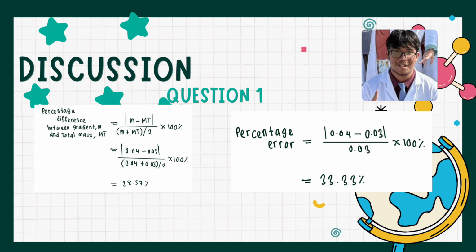Then we got 28.57%. And the percentage error, as you know, is 0.04 minus 0.03, then divided by 0.03, multiplied by 100%, and we got 33.33%.